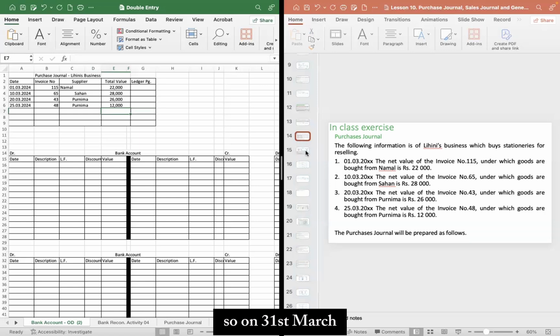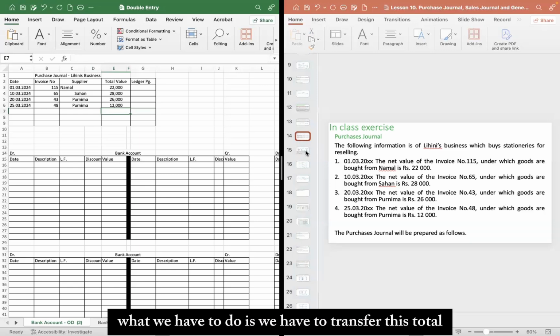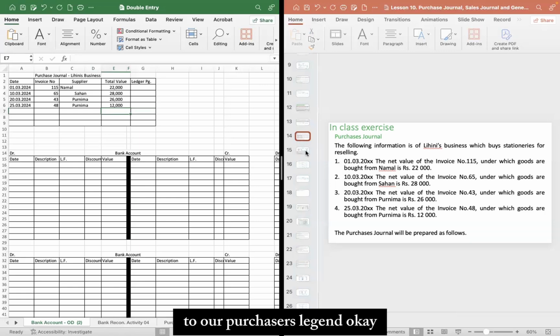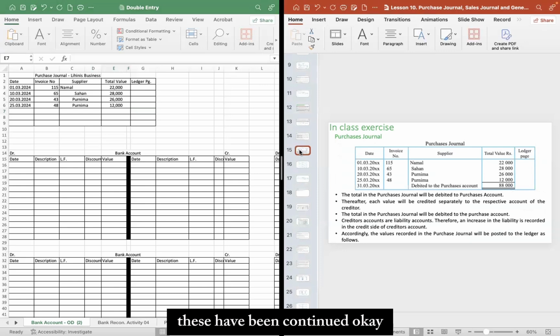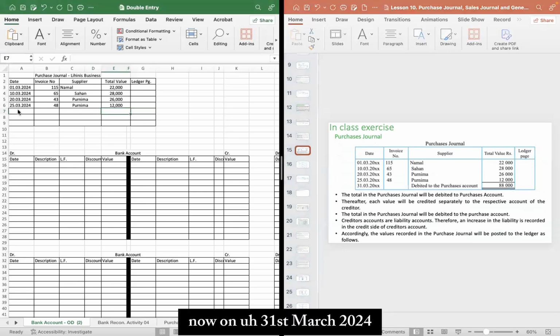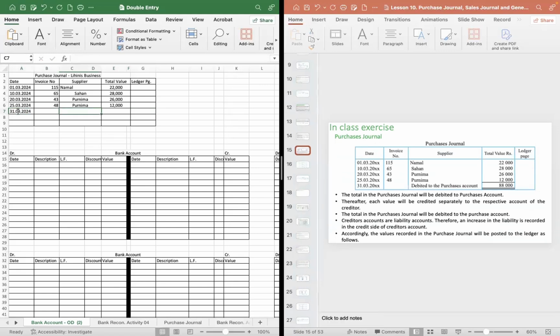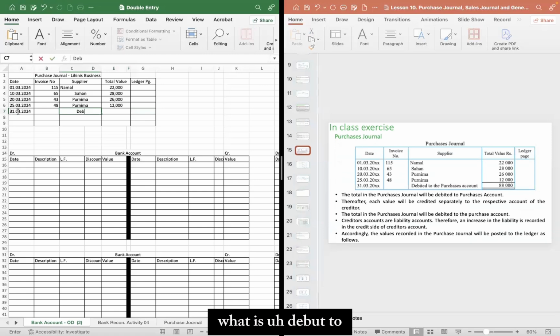So on 31st March, what we have to do is transfer this total to our purchases ledger. We'll move on to see how these are being continued. Now on 31st March 2024, what is debited to purchases account?